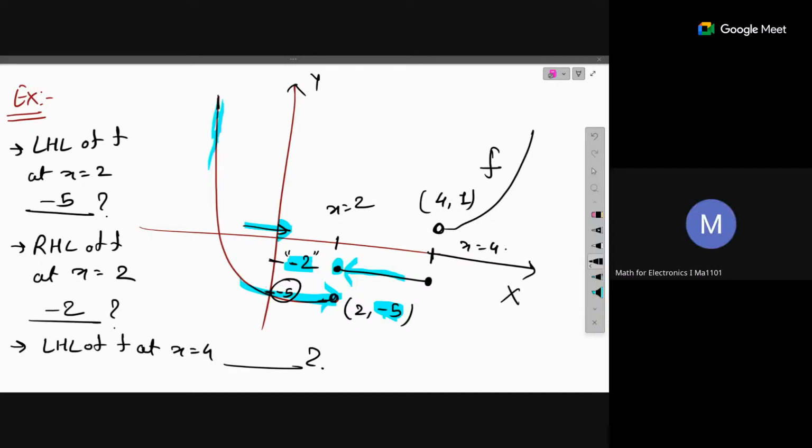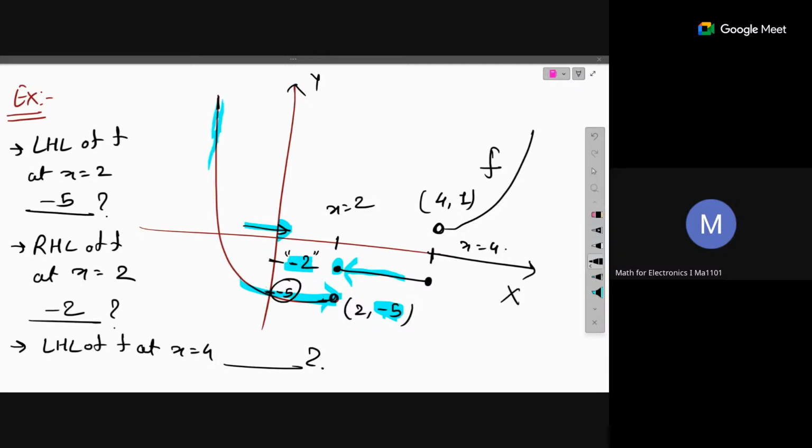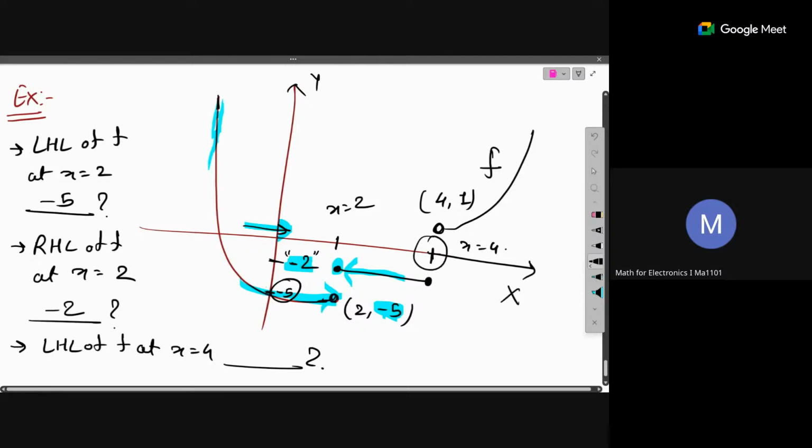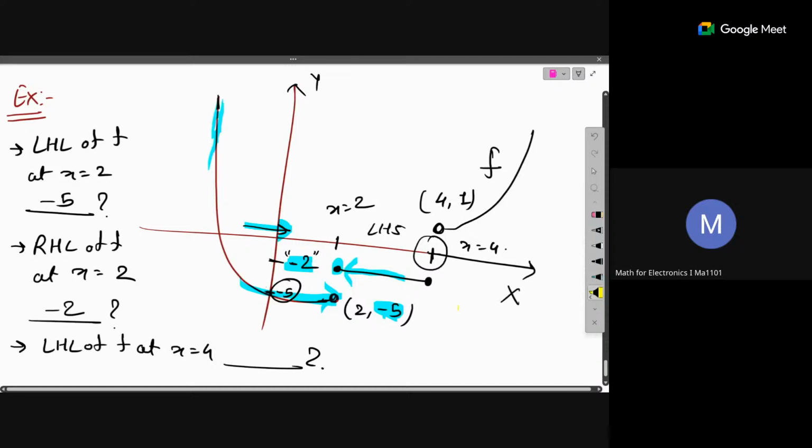Okay, so what's the difficulty here? See, we have to approach x equals 4 from the left hand side. So this is x equals 4. This is its left hand side. As you approach x equals 4 from the left hand side, where does your function go? It follows this path, this particular constant line, y equals -2, correct?